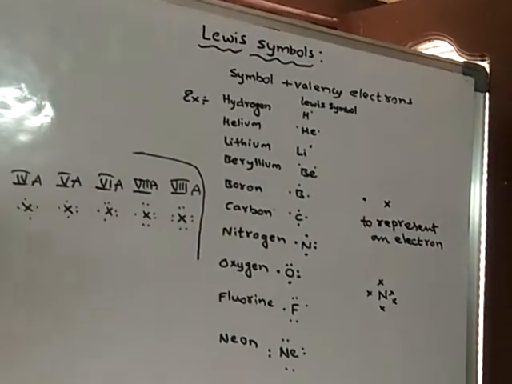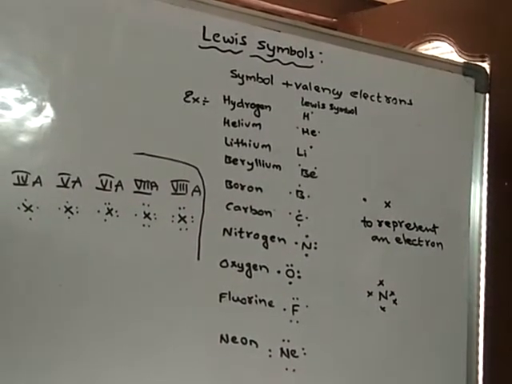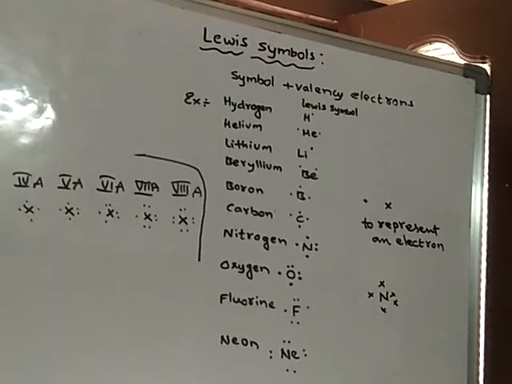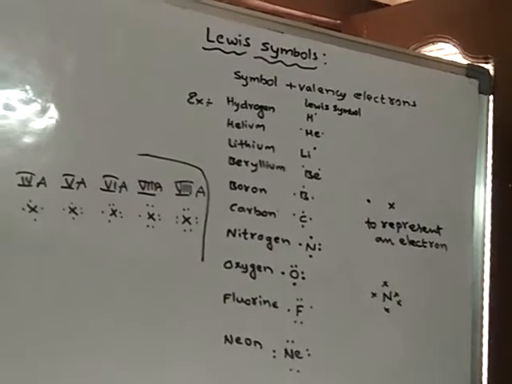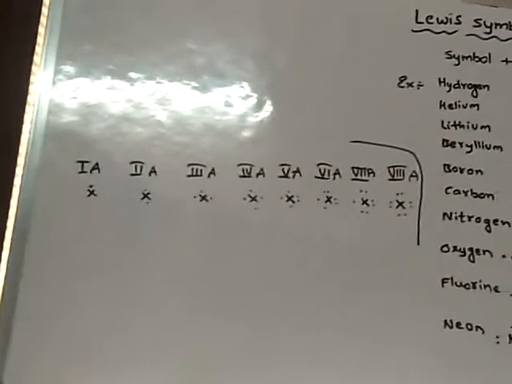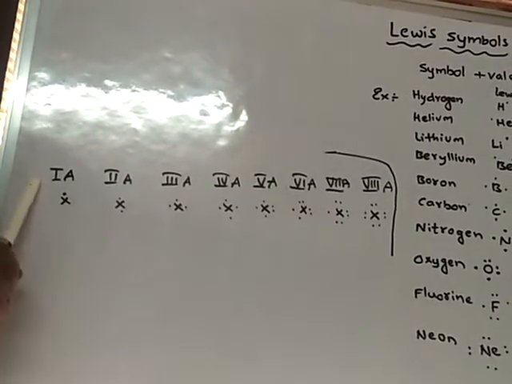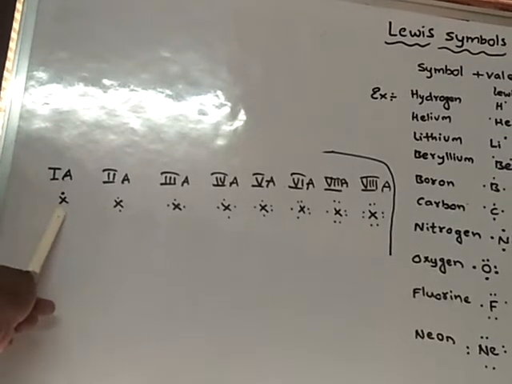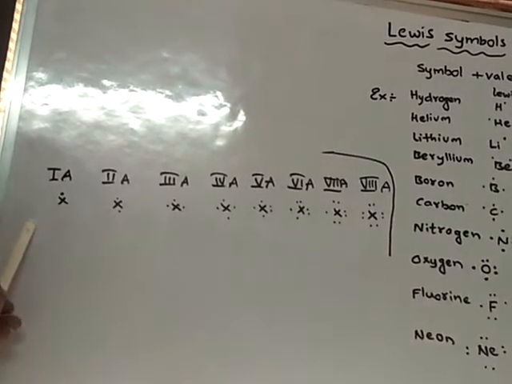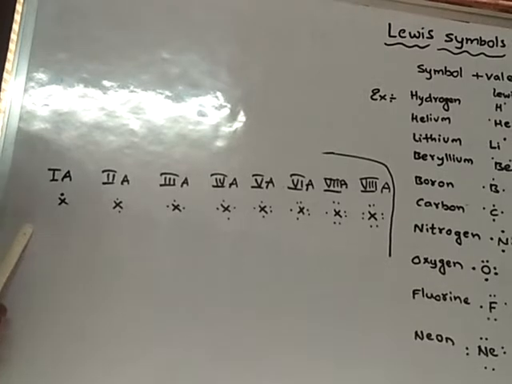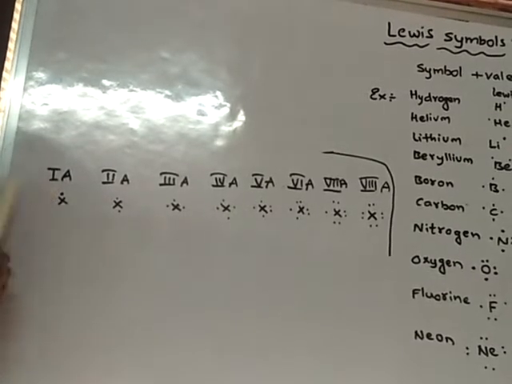Generally, every group will have a general Lewis symbol, so we will know the Lewis symbols of different groups. For example, take the first group. X means the symbol of an element belonging to the first group, and it contains only one electron.